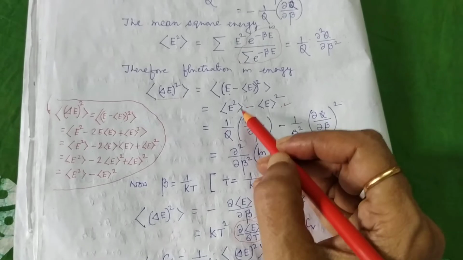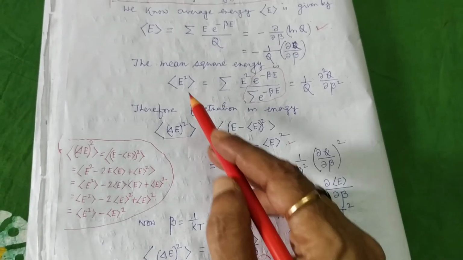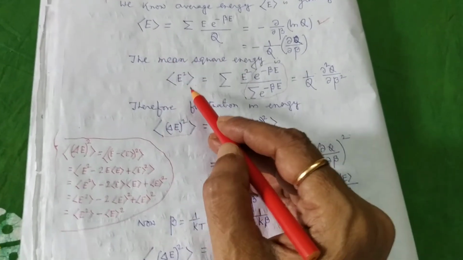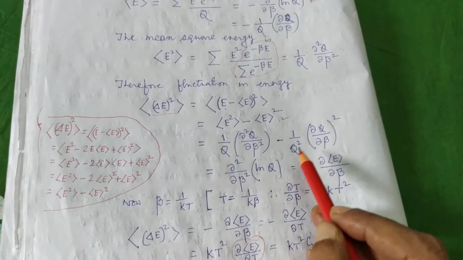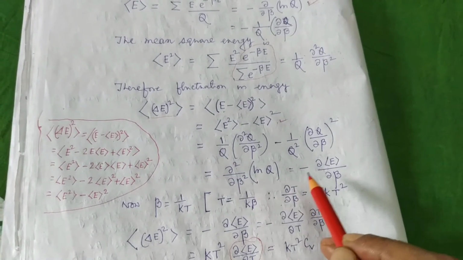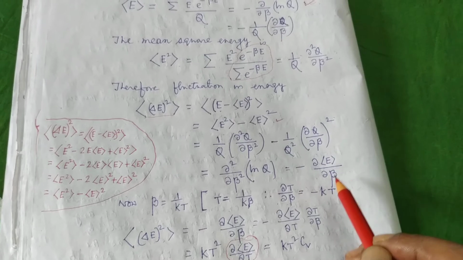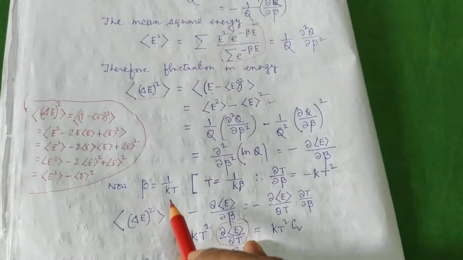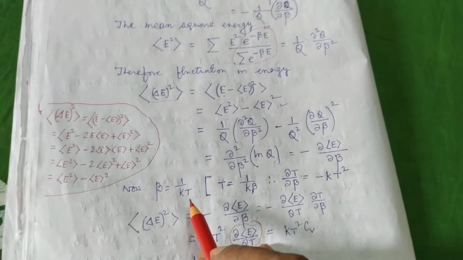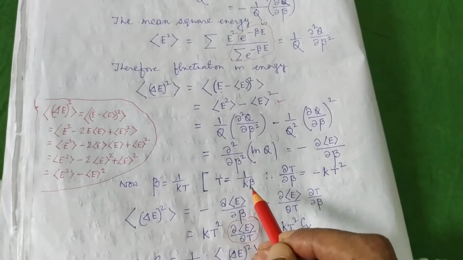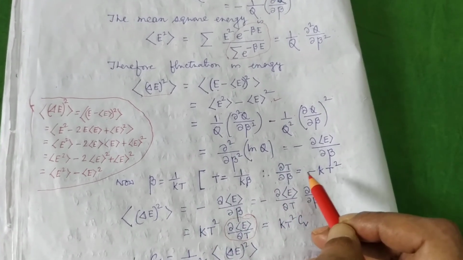Now we have already found the values of E average and E square average, so putting the values here, this becomes equal to minus del E average del beta. Now beta equals 1 upon kT, so T equals 1 upon k beta. Therefore del T del beta equals minus kT square.